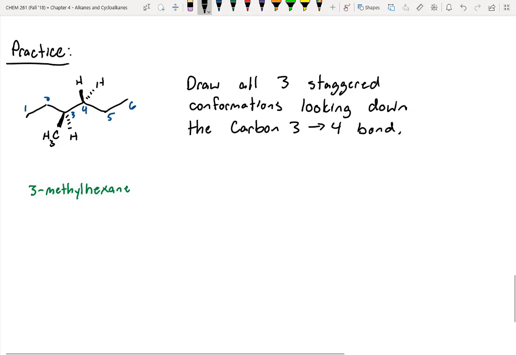All right, so I'll give you a minute to draw all of these potential conformations. But like I said, I don't know why this helps me, but I just imagine my eyeball looking straight down these. And then once you've drawn all 3 possible staggered conformations, what I want you to do is to determine which one's the most stable, second most stable, and third most stable.